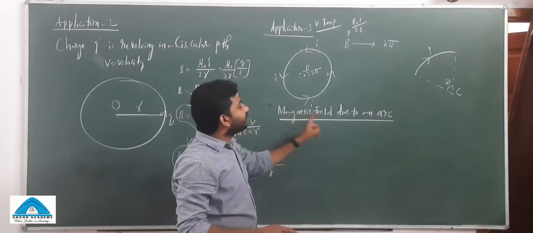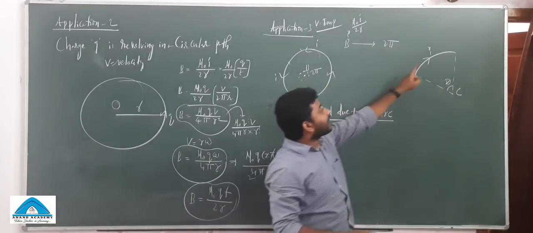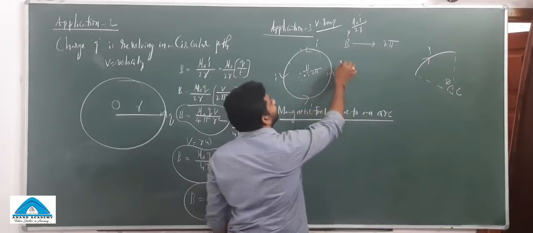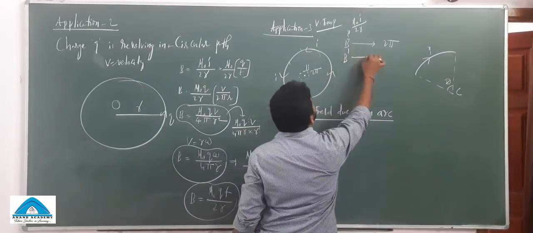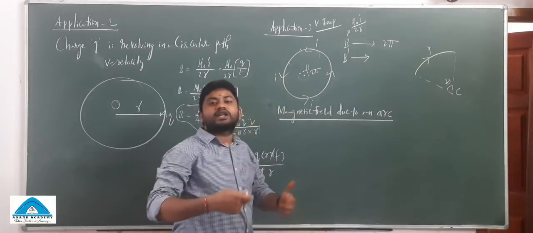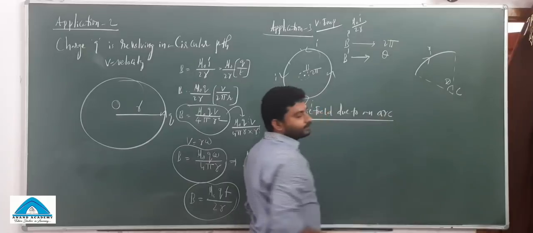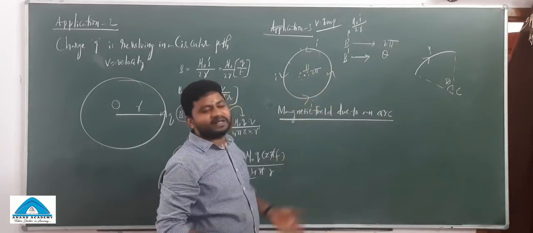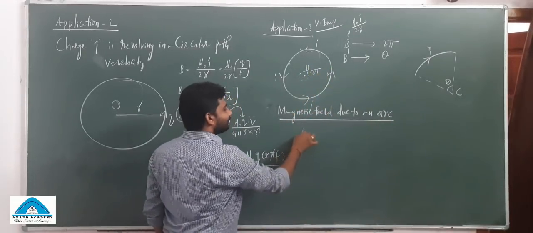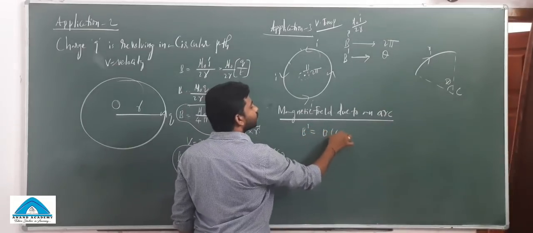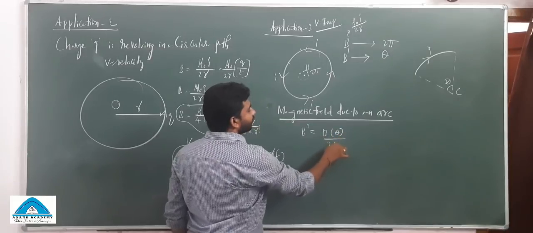So the magnetic field due to the arc through which the current I is flowing, at the center, I'm naming B dash. B dash is the magnetic field we need to find out for the angle theta. Now just cross multiply, you get the answer. Your B dash is equal to B into theta divided by 2 pi.